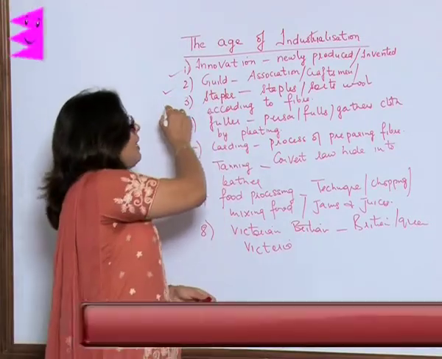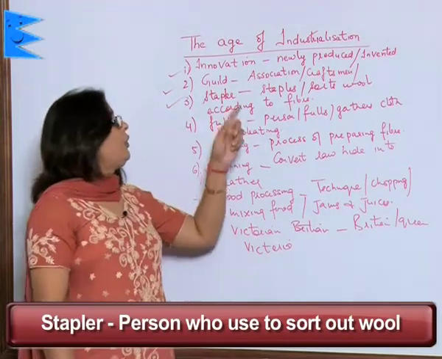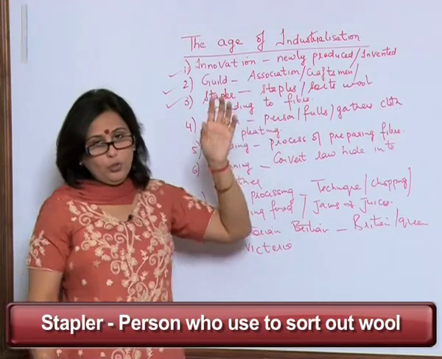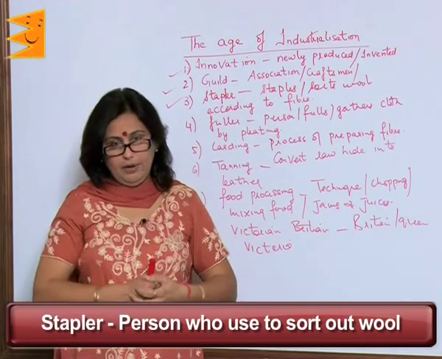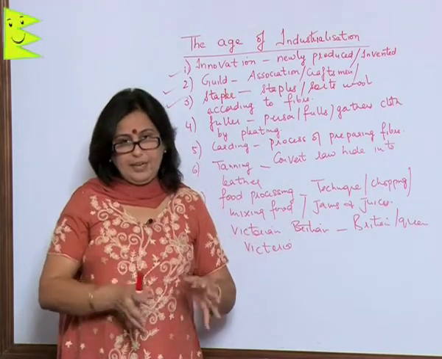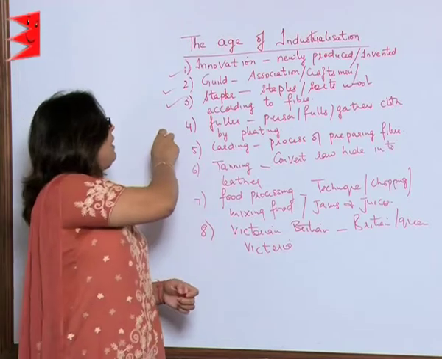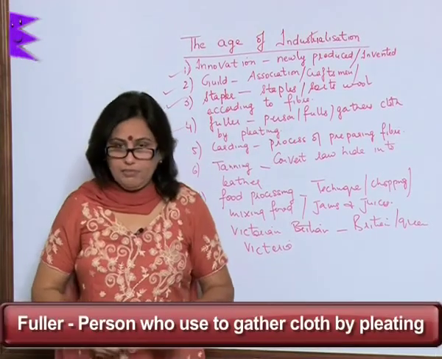Next is stapler. Stapler was a person who used to sort out wool. He used to see that which wool belonged to which category and he used to sort it out. Next is fuller. Now, what is a fuller?